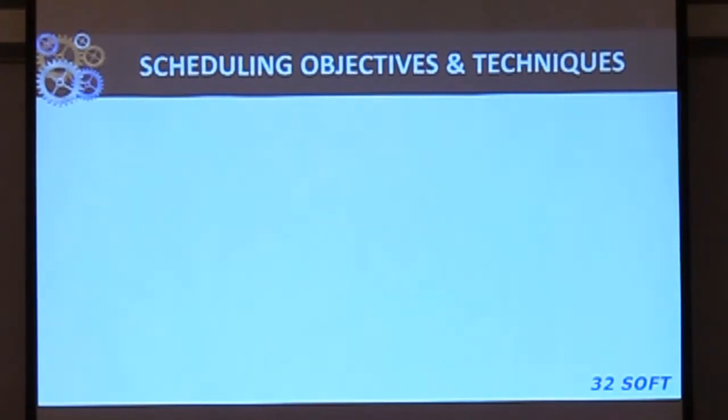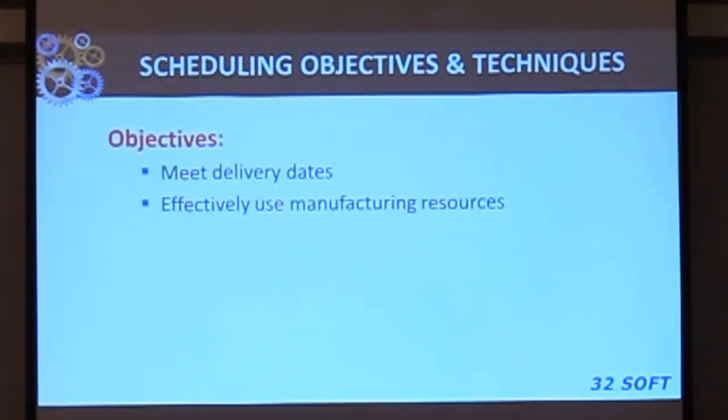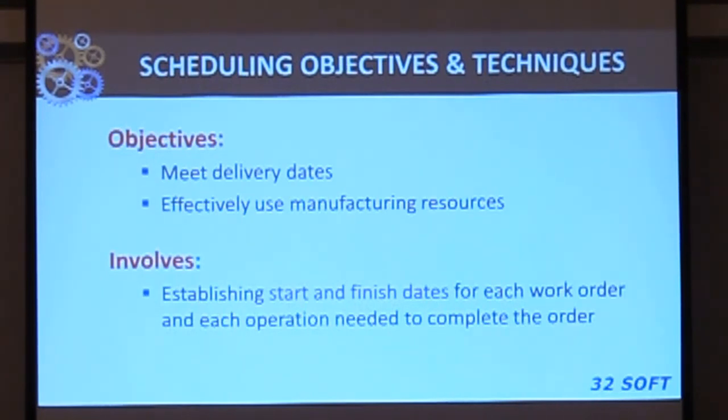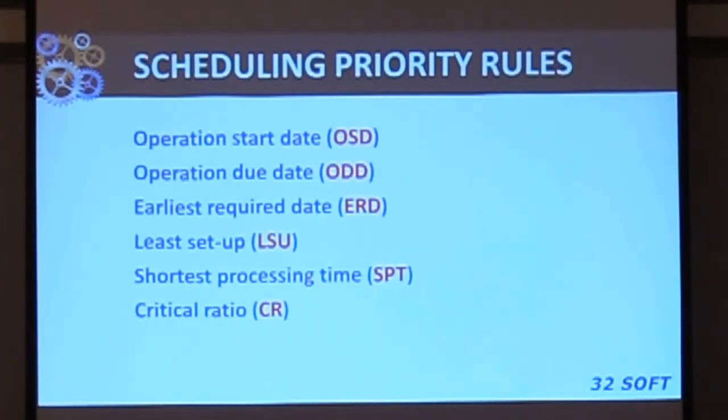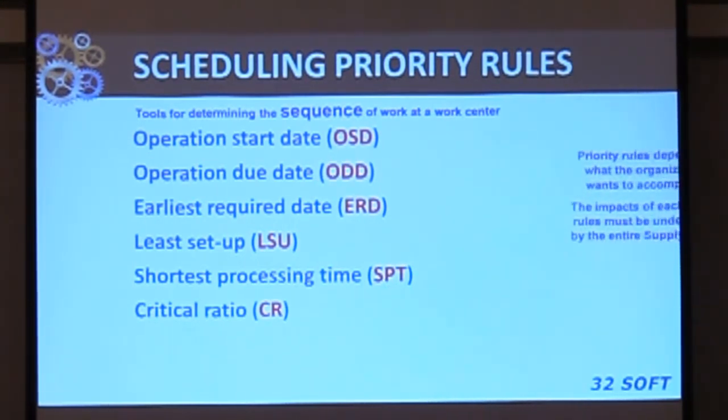So, scheduling. Scheduling rules are intended to meet priority dates and to effectively use your manufacturing resources. It involves establishing start and finish dates for each work order and each operation needed to complete the work order. There are a number of different kinds of scheduling priority calculations: start date, operation due date, earliest required date, etc. I like critical ratio.